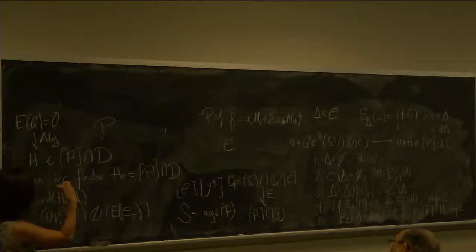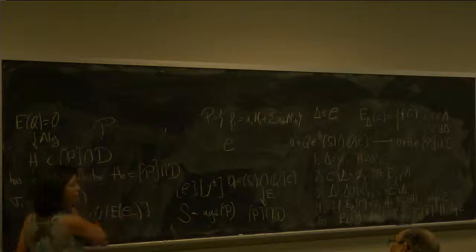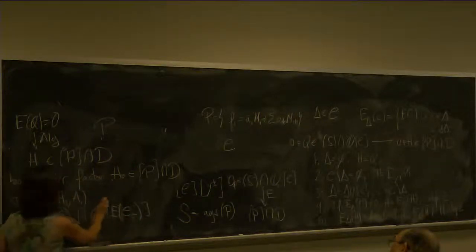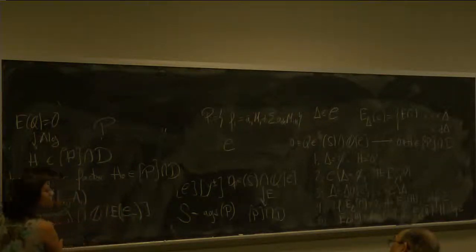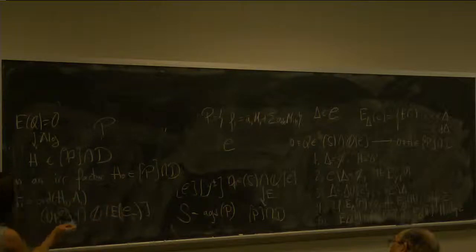Okay, so from this one we get an algebraic generic system, and the C's appearing on the corresponding algebraic generic system, we evaluate them. And then this H0 is in this ideal.